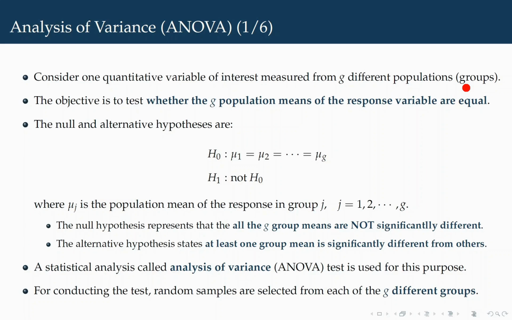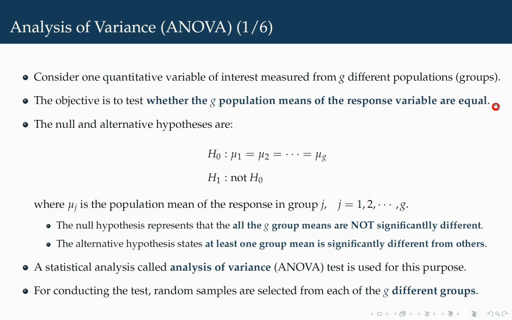So we have two variables. One is the quantity variable, which is actually our outcome variable of interest, and the other is a qualitative variable with G different categories. So the categories of the qualitative variable represent the different populations or the different groups.